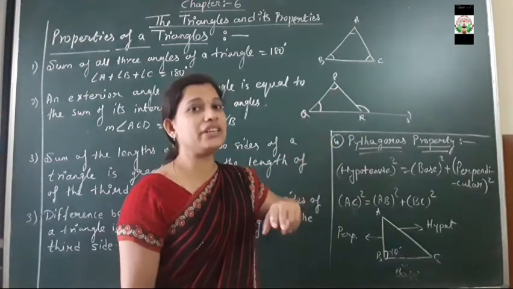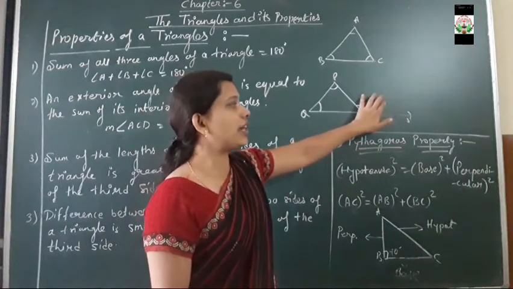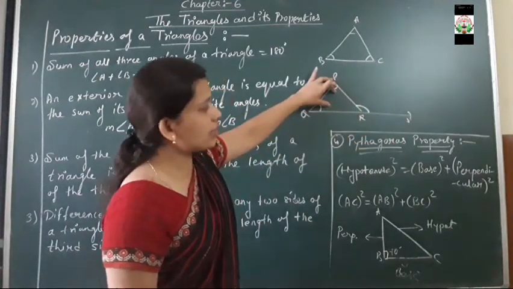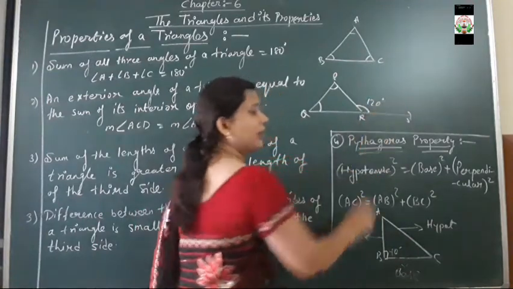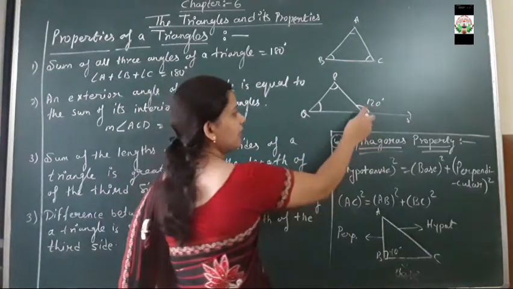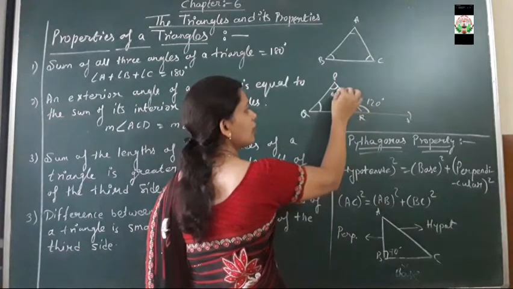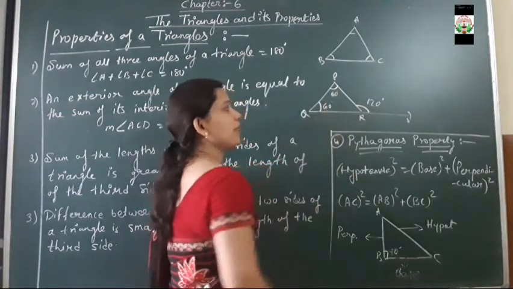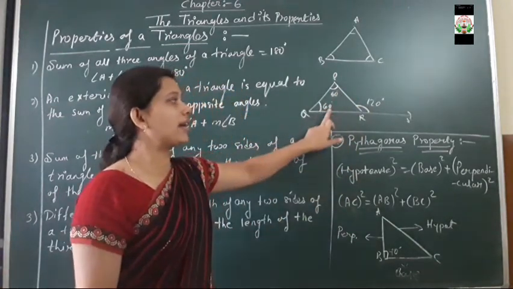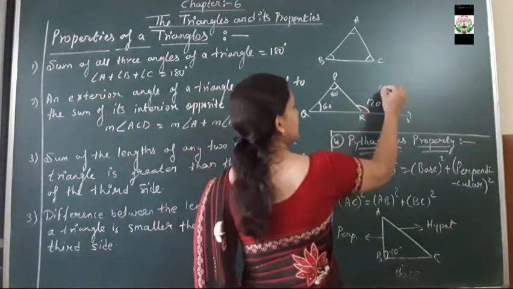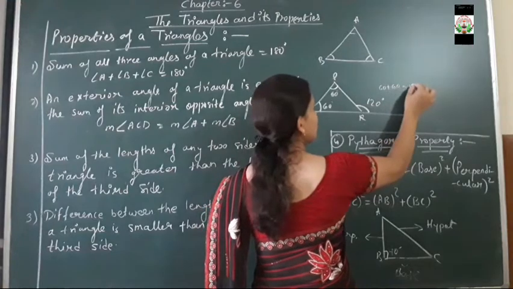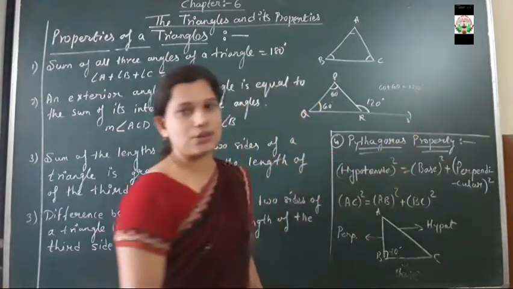Sum of the opposite interior angles, meaning the exterior angle will be equal to the sum of these two. For example, suppose this angle is 120 degrees. This exterior angle will be equal to the sum of these two angles, that means angle P plus angle Q is equal to angle R. So 60 plus 60 is equal to the exterior angle, that is 120 degrees.